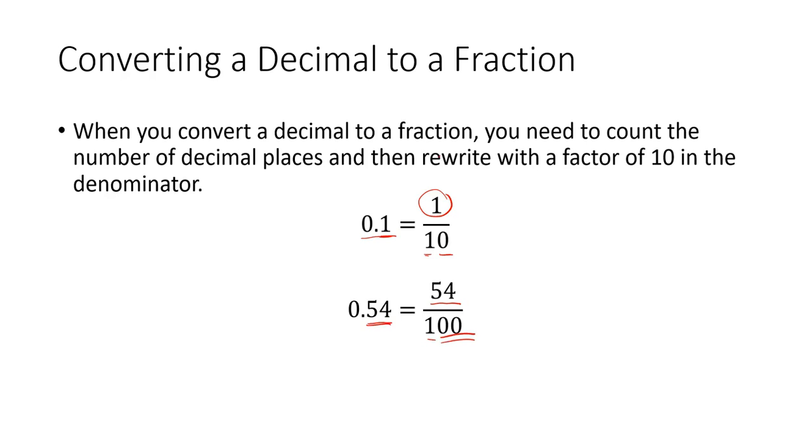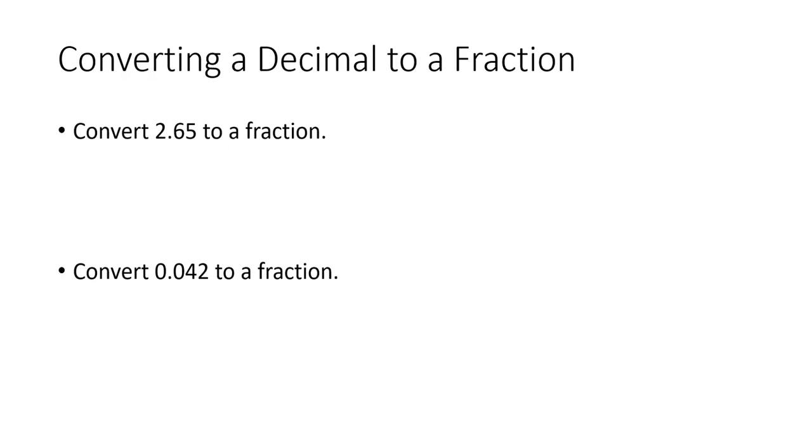And so this is how we'll write decimals as fractions. Here 2.65 has two decimal places, so this is going to be 265 over 1 with 2 zeros behind it. Here we have three decimal places, so we can write this as 42 divided by 1 with 3 zeros.